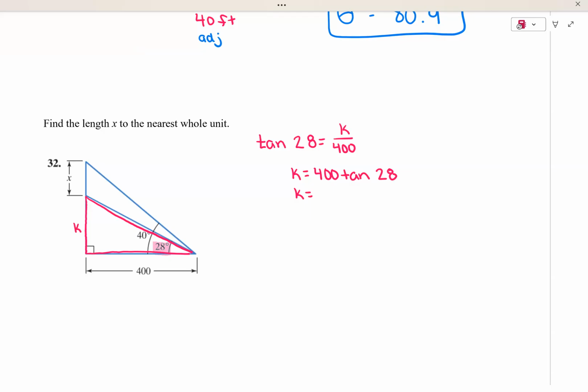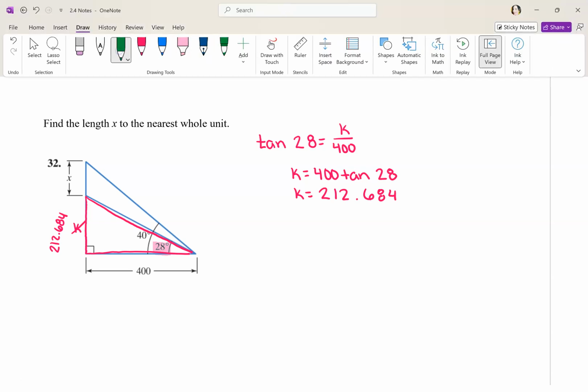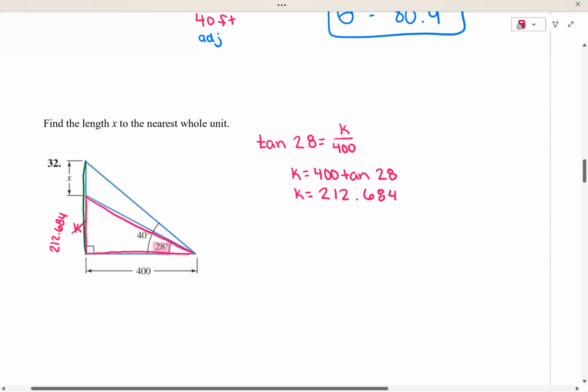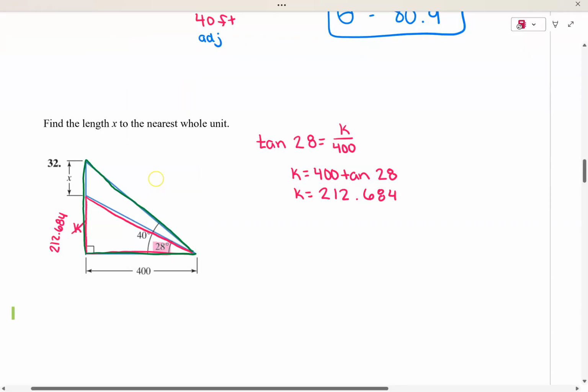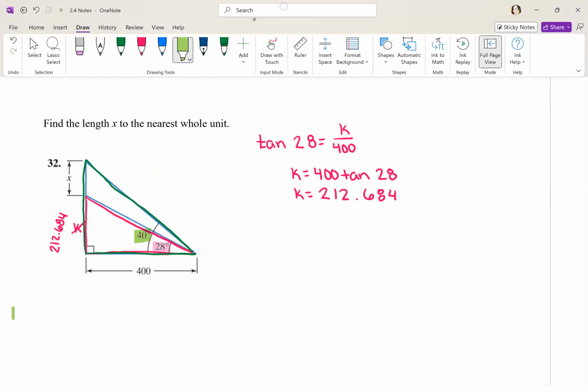So 400 tan of 28 is 212.684. I know it says round to the whole unit, but I'm going to wait because I don't want any round off error. So that means that this is 212.684. But then what I want you to notice, we have this larger triangle, and that has a degree of 40.